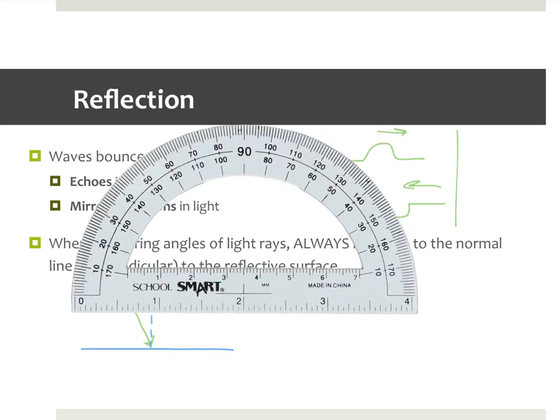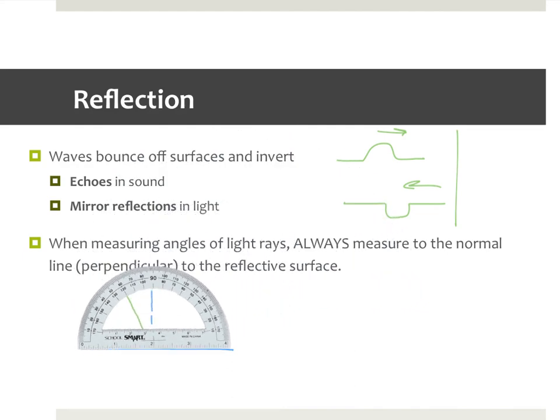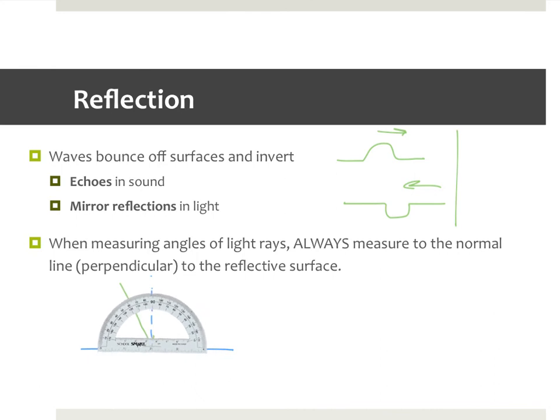So here we come with our handy dandy protractor. You're always going to use this set of 2 lines. I'm going to show you guys how to measure the angle of incidence. So the angle of incidence is the incoming light ray. You line up the bottom horizontal line with the surface and the vertical line with the normal.